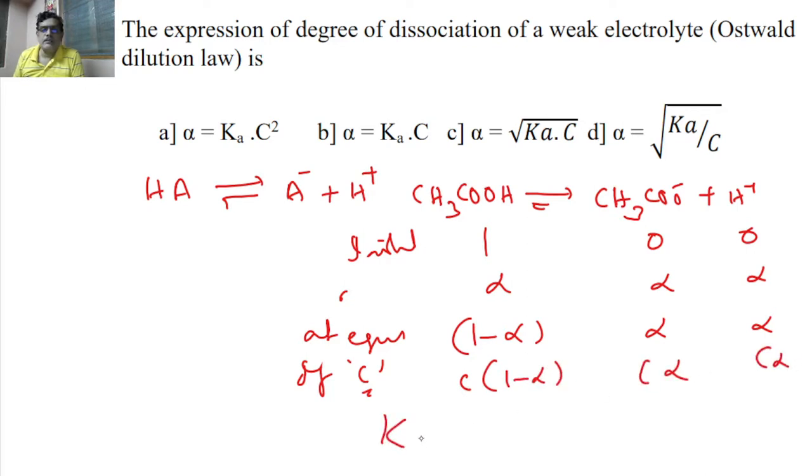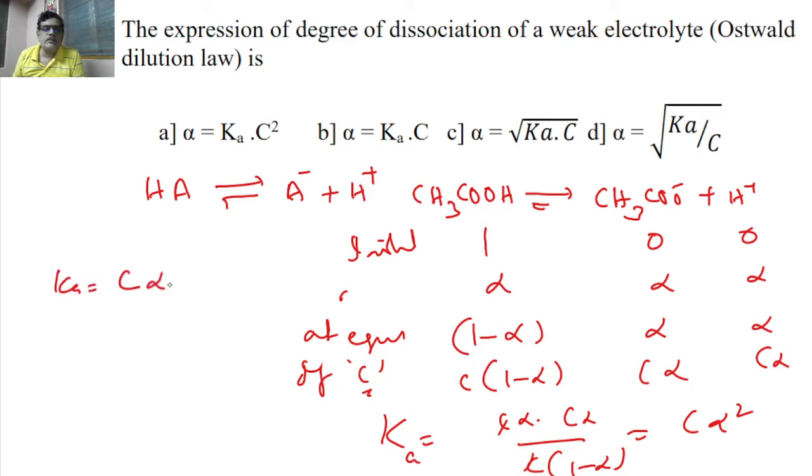Therefore the equilibrium constant can be given as C alpha times C alpha divided by C into 1 minus alpha. So C gets cancelled. You have to remember this expression. So 1 minus alpha can be taken as 1, then this will be taken as Ka, the acid constant. So Ka will be equal to C alpha square.